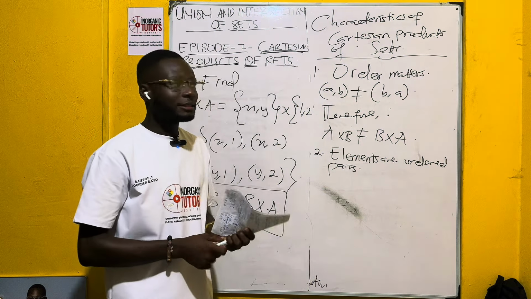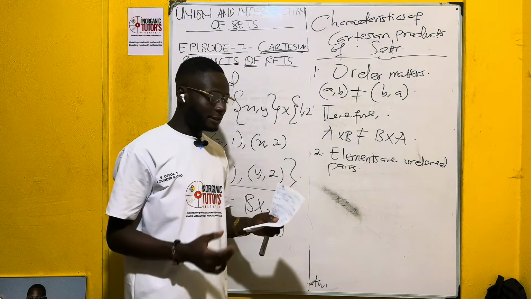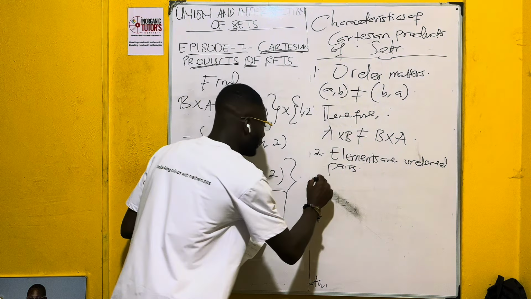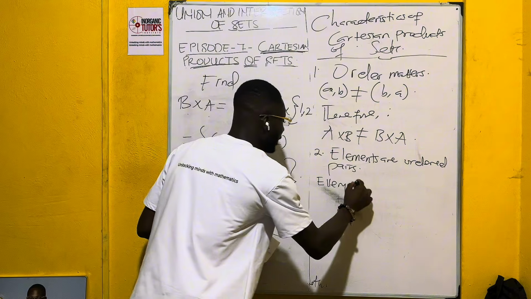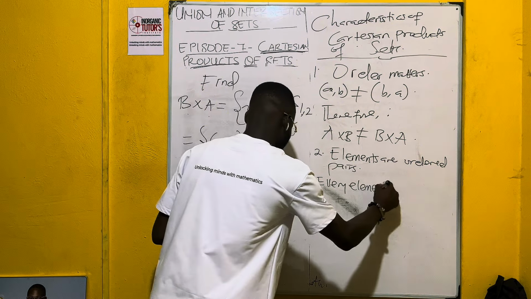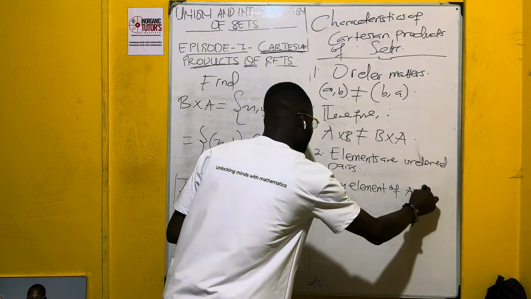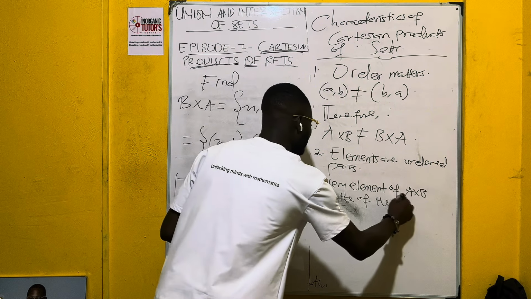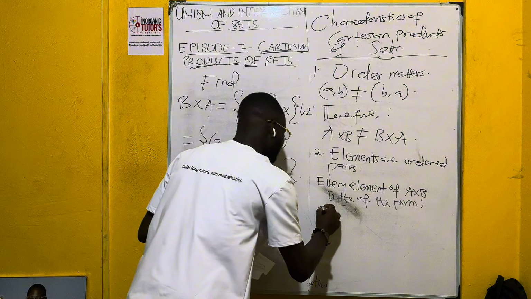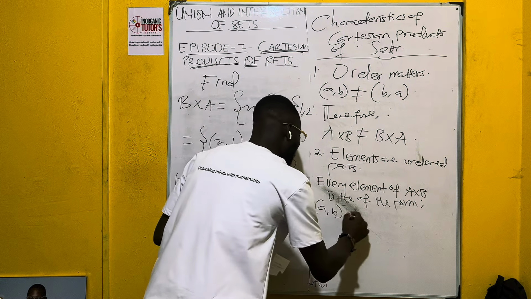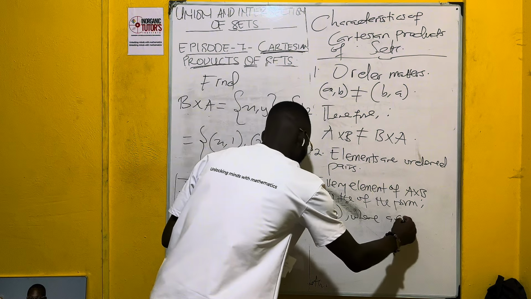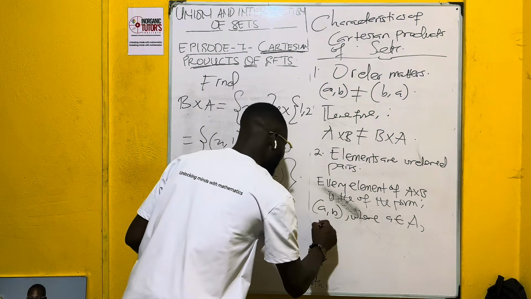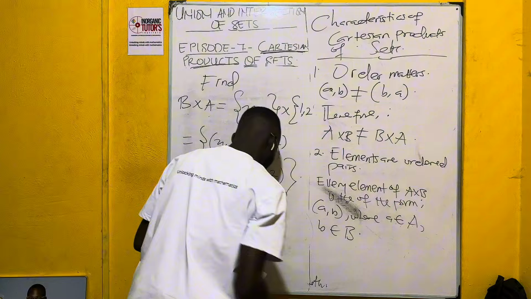So in this regard, we are going to say that every element of A cross B is of the form (a, b), where small a belongs to capital A and small b belongs to capital B.